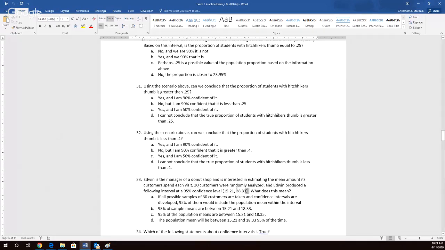We just have one confidence interval. So we do have a 95% chance that the one confidence interval that we have does contain it.